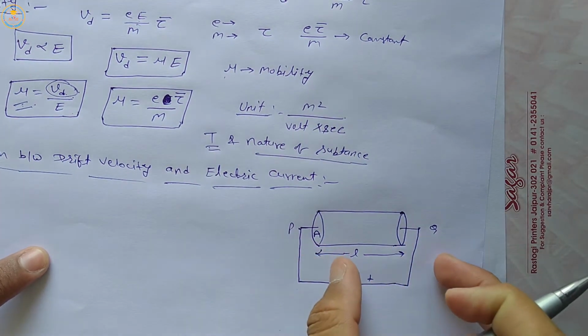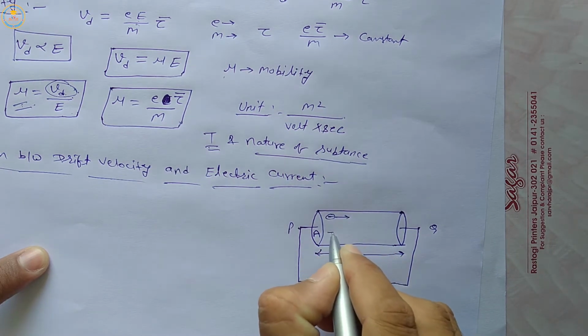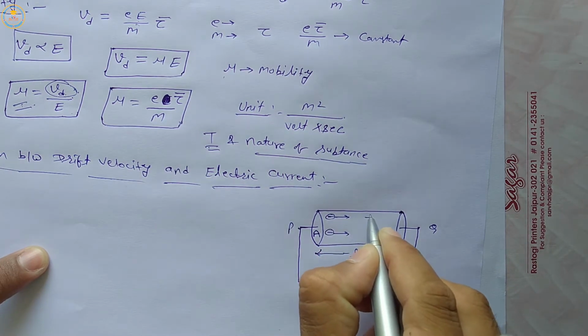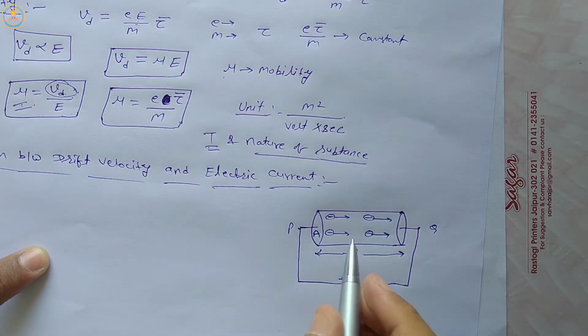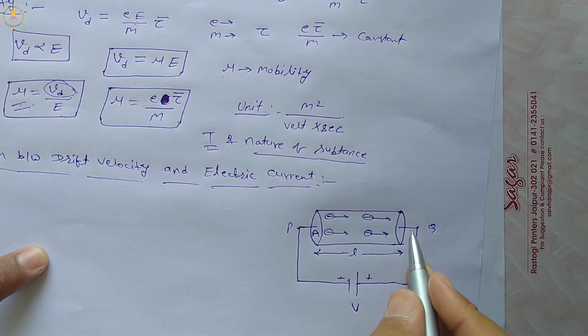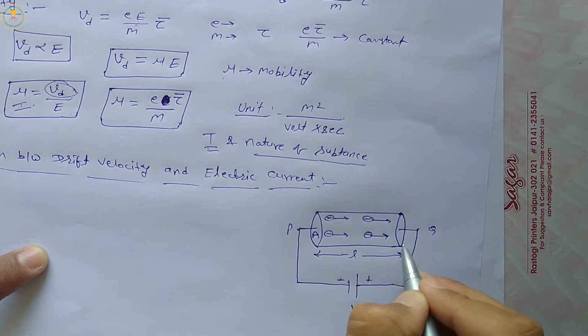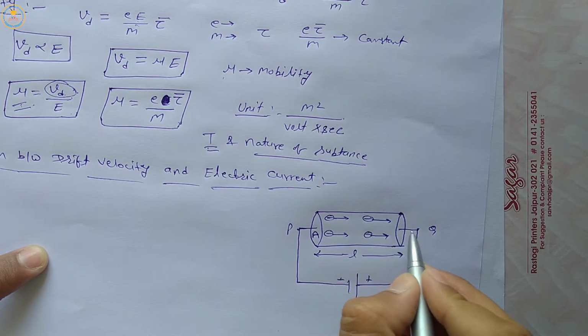Due to this electric field, the negative charges align in a direction like this. We know that negative charge is attracted to positive charge. So this plate is positively charged, so the negative charge moves in this direction.